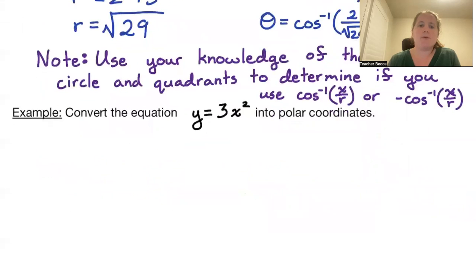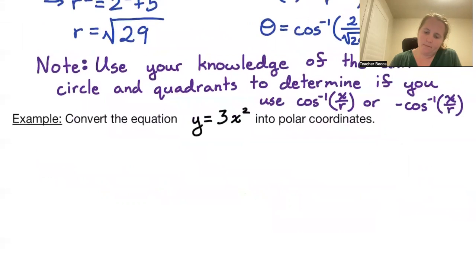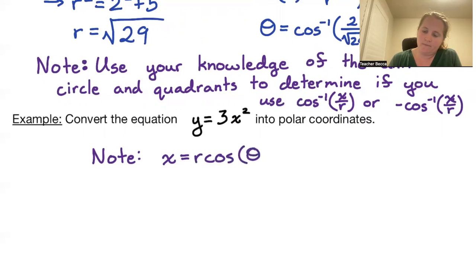So for an example, let's go ahead and convert the equation y equals 3x squared into polar coordinates. So again, note that x is just r cosine theta. And y is r sine theta.